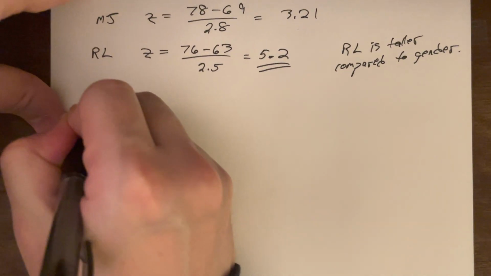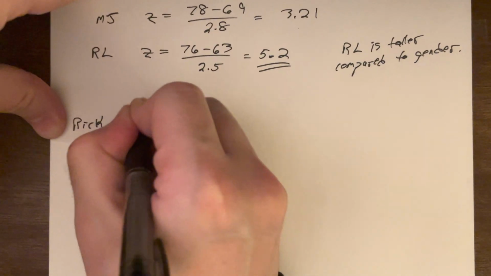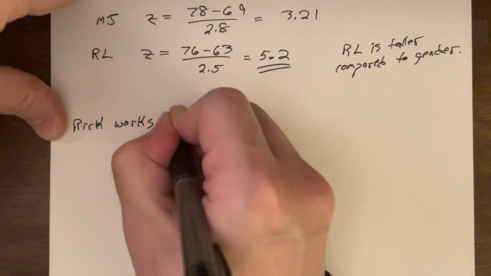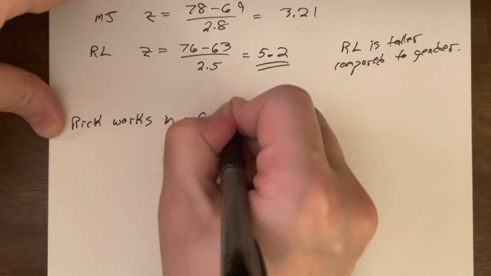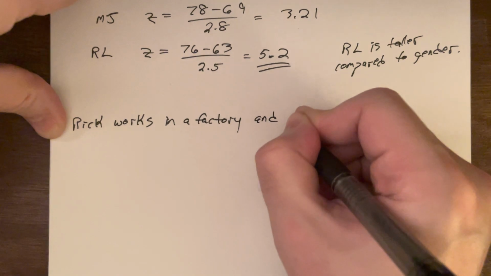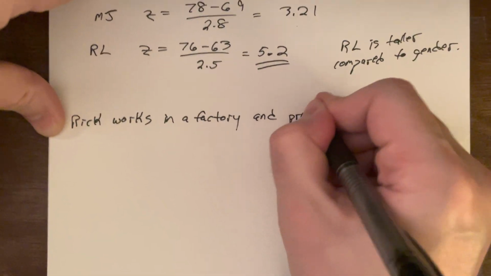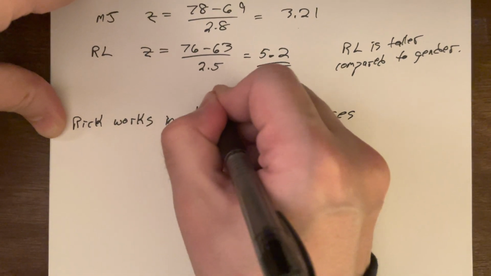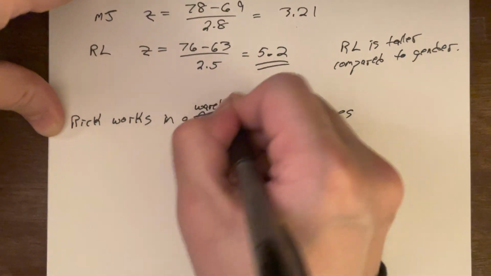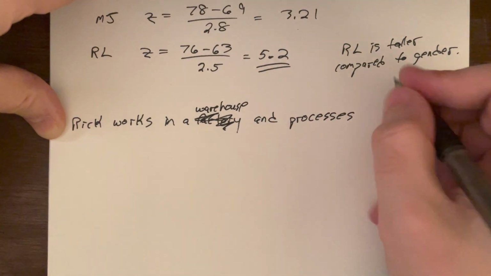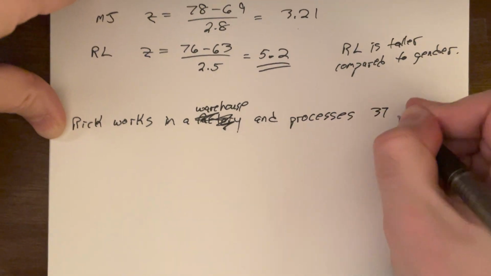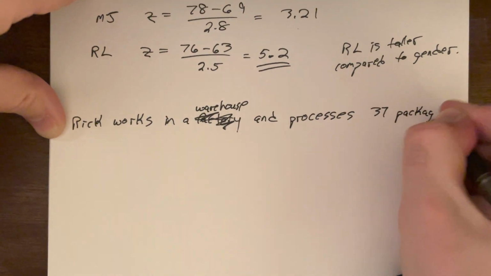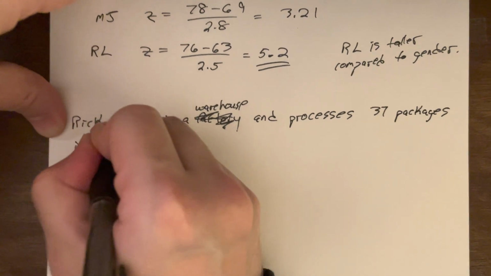So we've got Rick, who works in a factory, in a warehouse, and processes 37 packages in his shift.